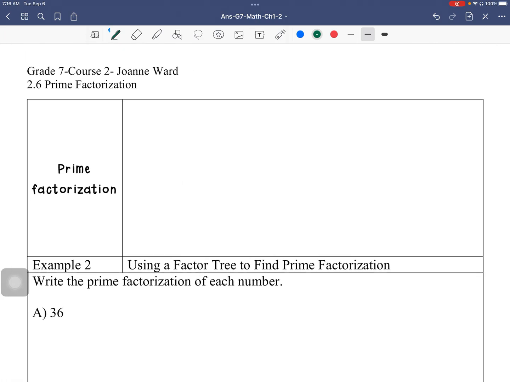So I want to talk about prime number factorization. Prime number factorization is when a composite number can be written as the product of its prime factors. We can use a factor tree or we can use short division.